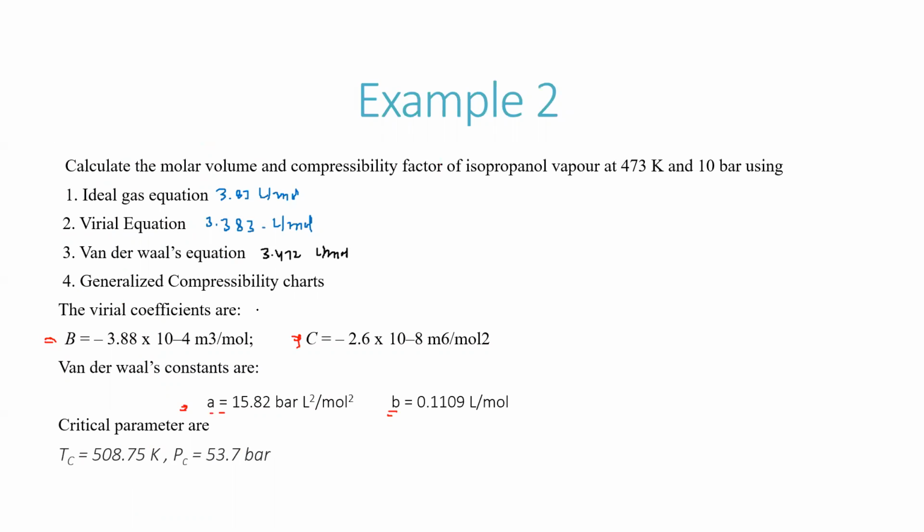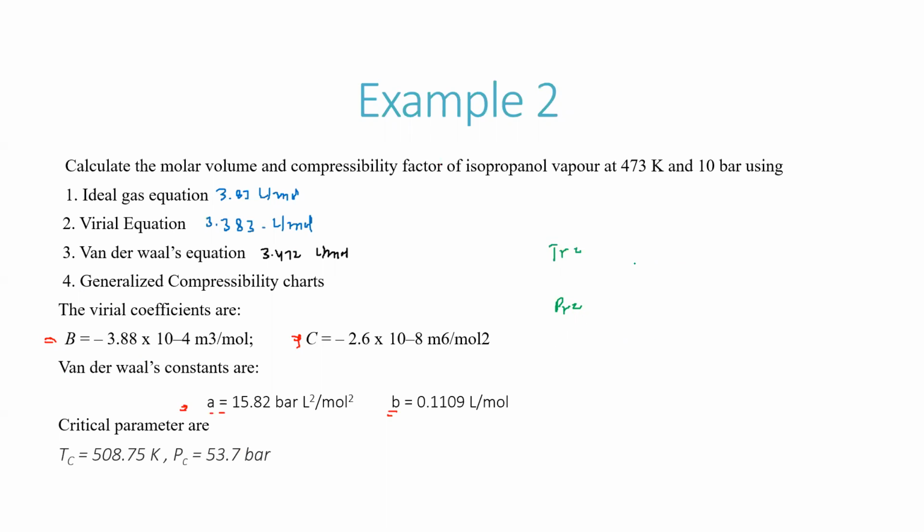Then we have to use the generalized compressibility charts. So for compressibility charts, we have to calculate TR and PR. So they have already given temperatures and pressures. They have also given critical temperature and critical pressure, right? So we are going to get the reduced temperature. So reduced temperature is T by TC.